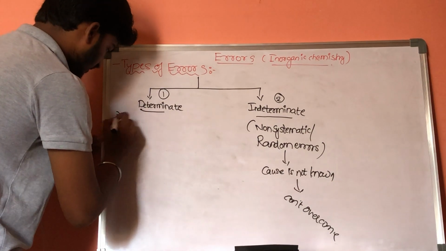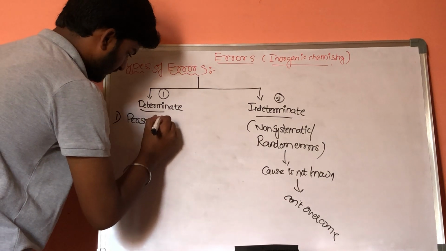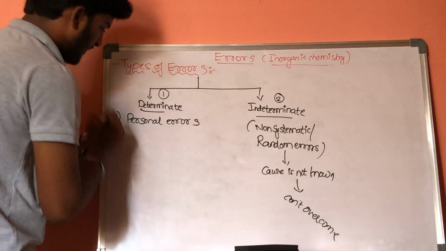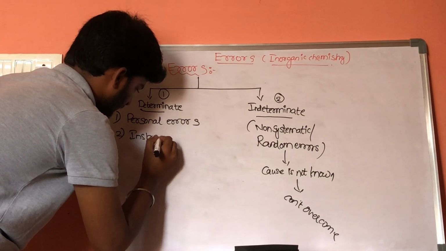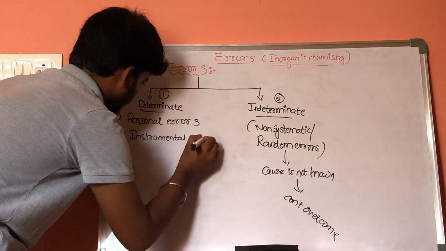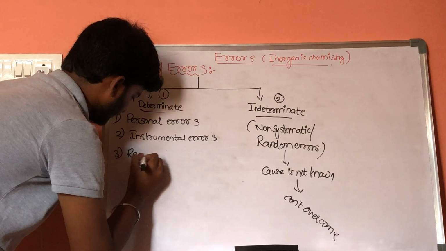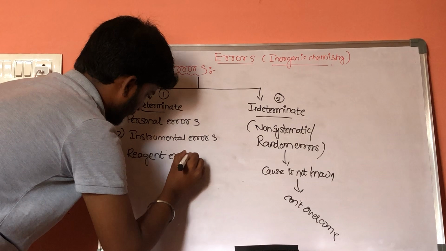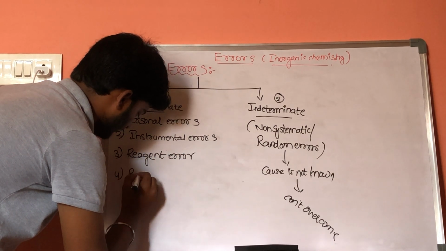First one is personal errors. Second one is instrumental errors. Third one is reagent errors. Fourth one is proportional error.